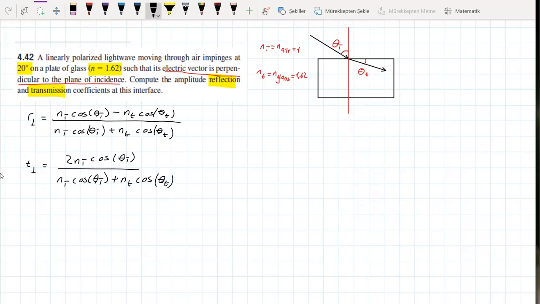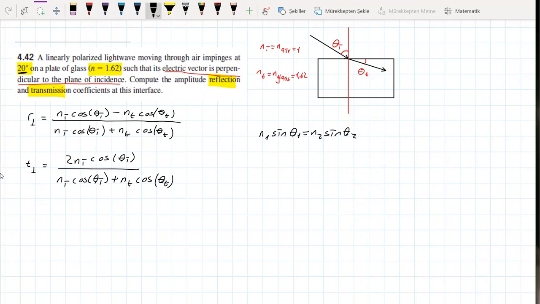In our case, n incident is air and n transmission is glass with refractive index of 1.62, and theta incident is given as 20 degrees, and theta transmission that we need to find by using Snell's law. We know that n1 sine theta 1 is equal to n2 sine theta 2.